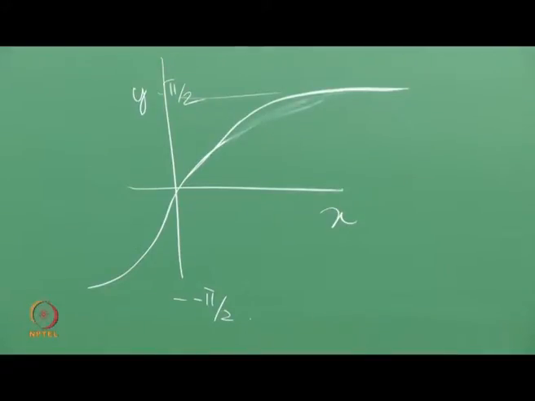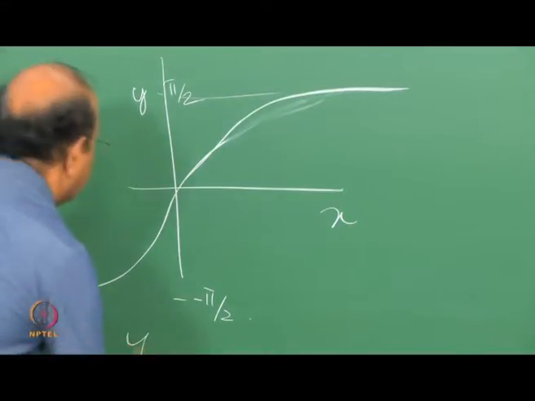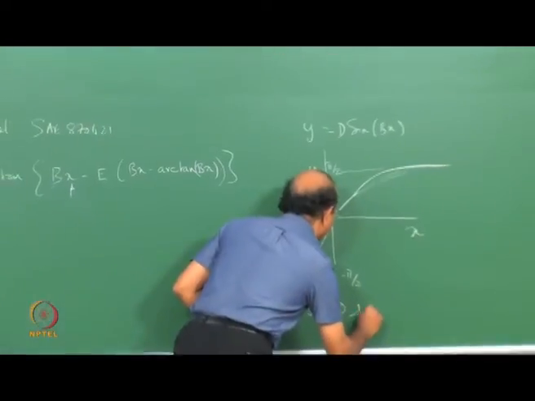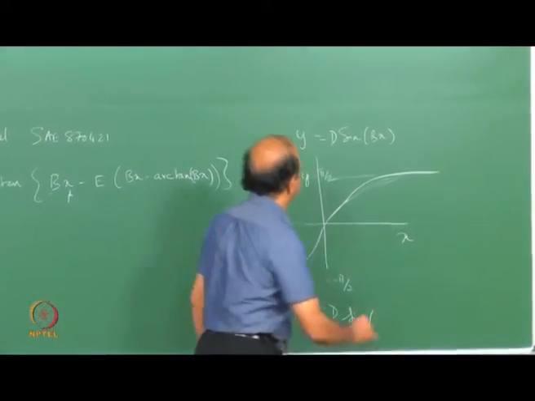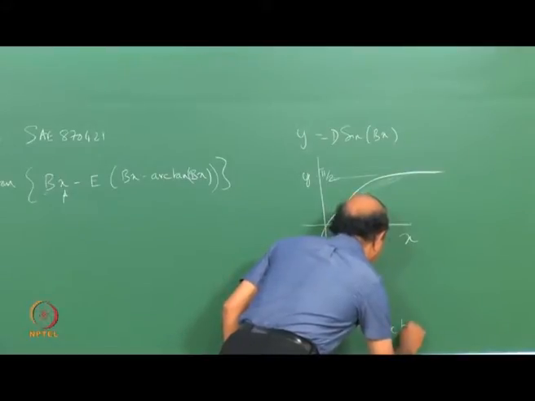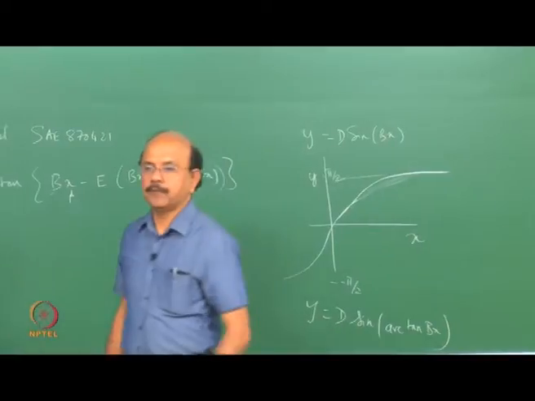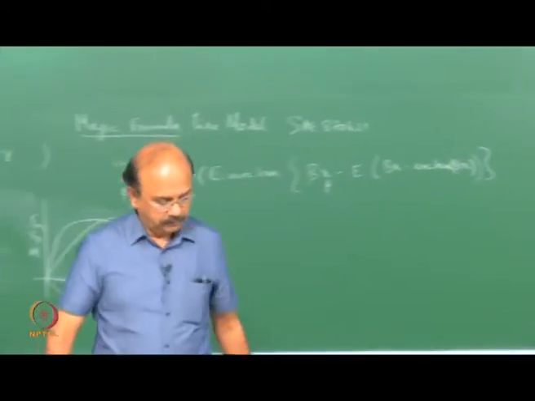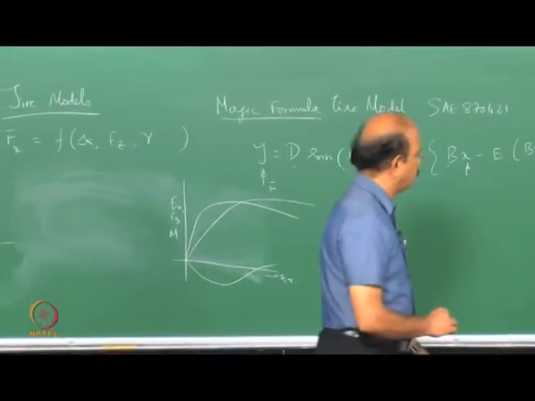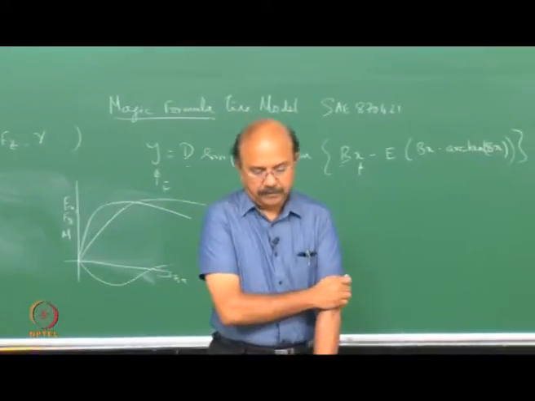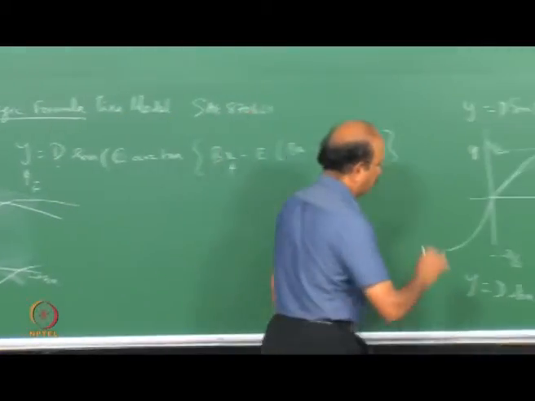Right? So if I replace what is there instead of x, I would replace that value, so that I would now put this as y is equal to d sine arctan bx. Okay, so let me introduce one more term here.